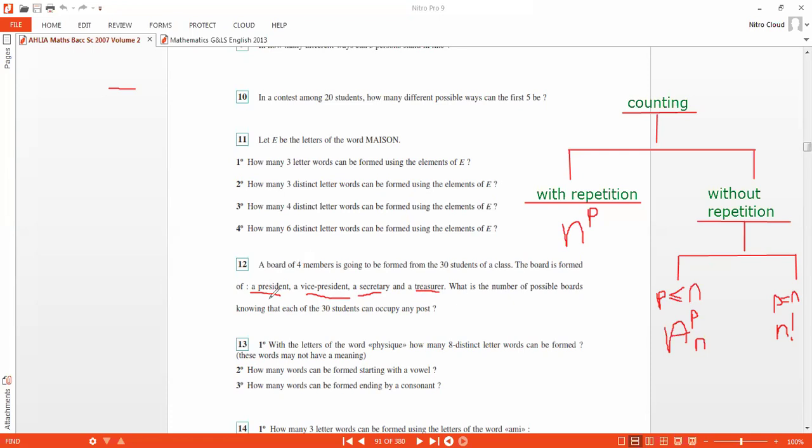But you have to know, can a president be a vice president at the same time? Of course not. So I'm without repetition, where P is less than N, so this is A, 4 out of 30. Okay? There's an important question that I need to solve.